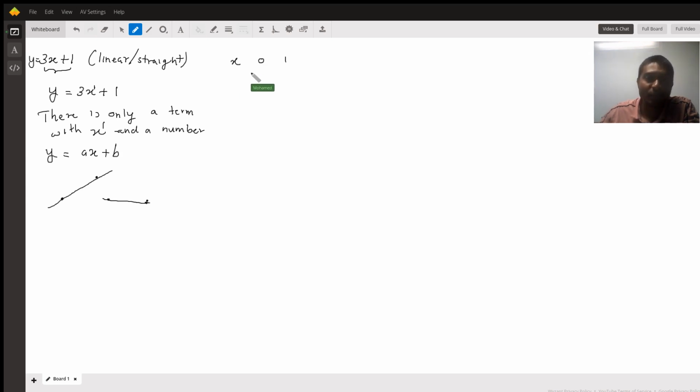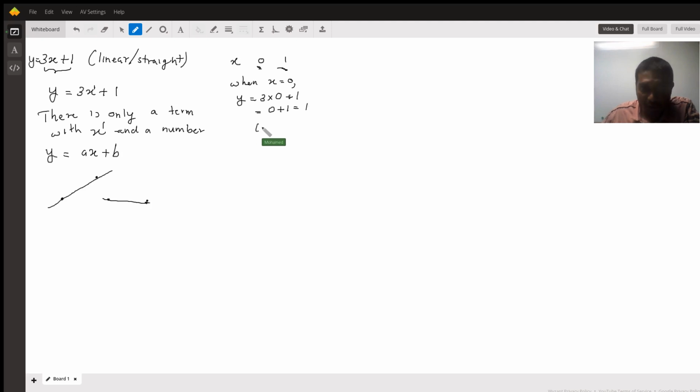Then we are going to see what happens to y when we substitute the x values we have considered. When x equals 0, y becomes 3 times 0 plus 1. 3 times 0 is 0, 0 plus 1 gives us 1.